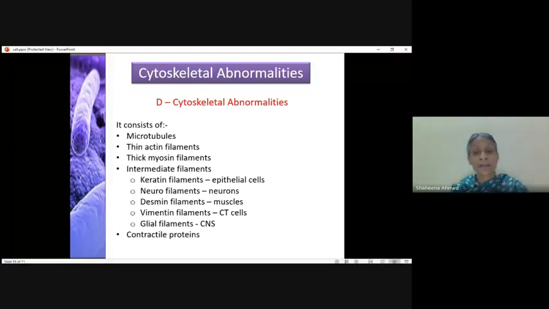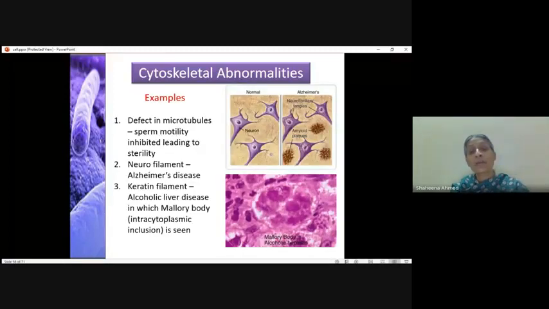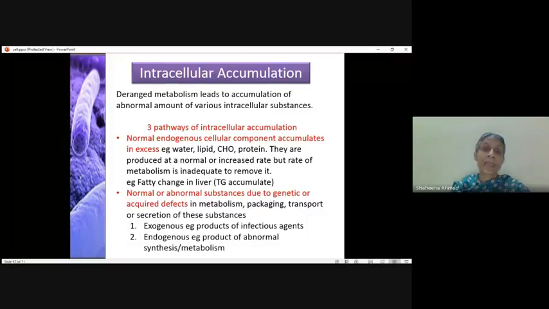Intermediate filaments are keratin filaments seen in the epithelial cells, neurofilaments in the neurons, vimentin filaments in the connective tissue, then glial filaments in the central nervous system, then the contractile proteins. Any abnormality in these is going to lead to abnormalities in the cells they are related to.